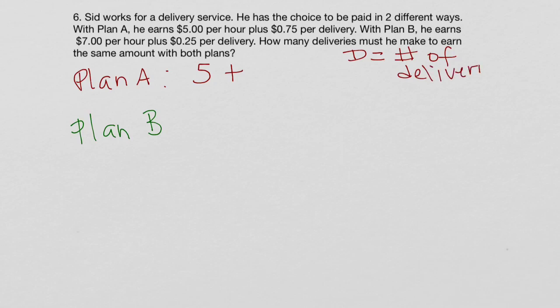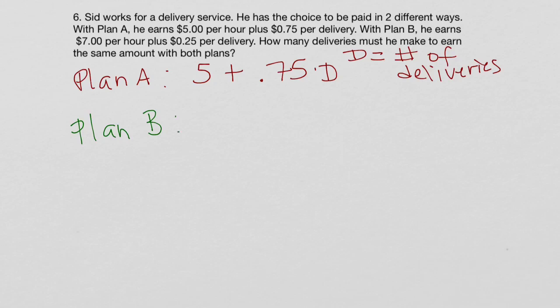So in this plan, if he were to make one delivery, it would be 75 cents extra. 2 deliveries would be 2 times 75 cents. 3 deliveries would be 3 times 75 cents. You get the picture. So however many deliveries, you've got to multiply that by 75 cents per delivery. So it's going to be $5 plus 75 cents times the number of deliveries.